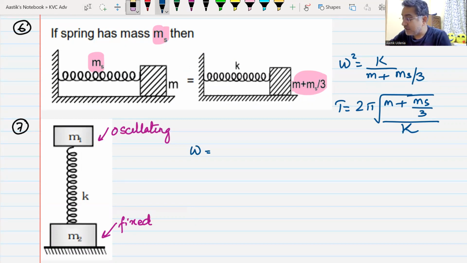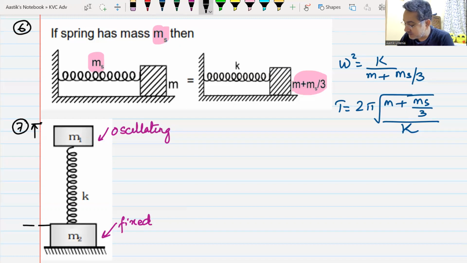if this is the case, first of all, where will the mean position be? The spring will be compressed.